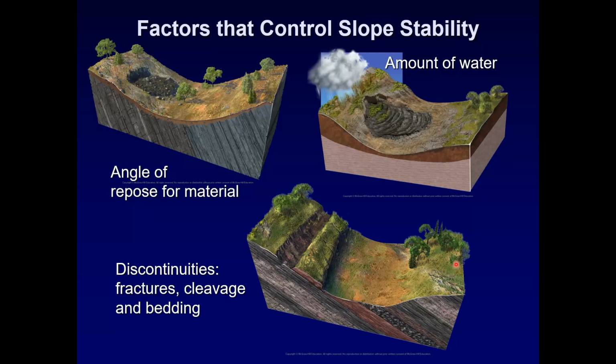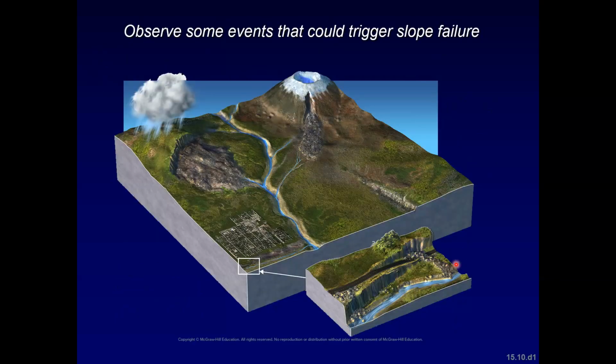Loose materials like soil might have a typical angle of repose, but solid rock can hold steeper slopes. And then adding too much water to loose materials can weaken them. Rock is weaker as well if discontinuities are oriented so the rocks can slide downhill. And then we'll look at some events that could trigger slope failure in this landscape.